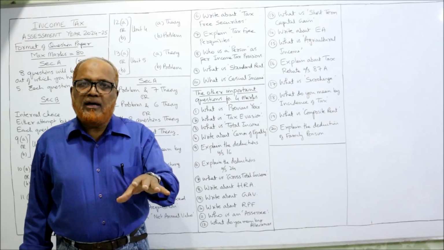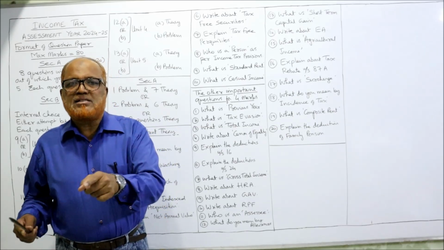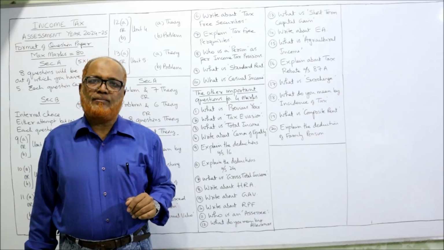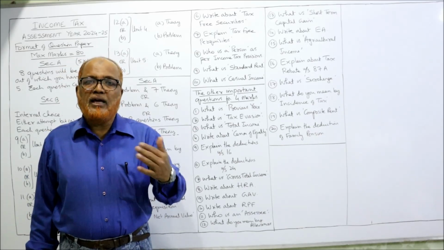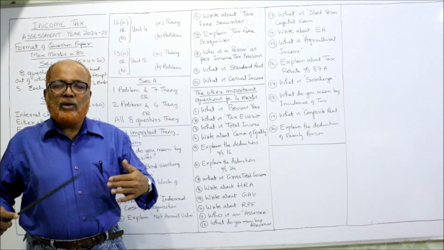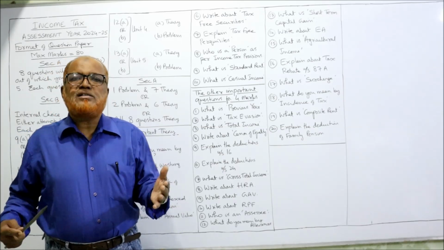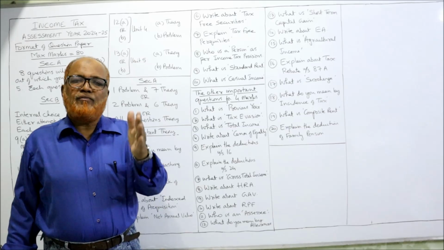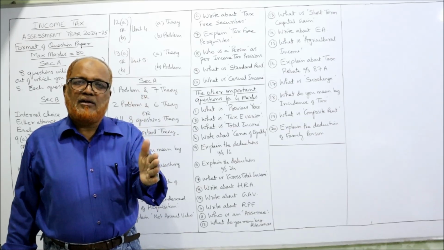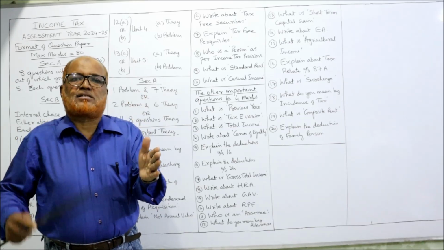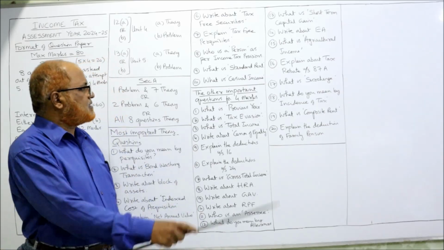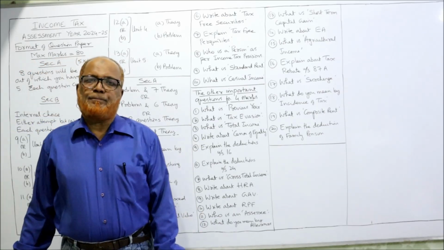The income earned during the previous year is taxable in the assessment year. That's why it is called income year. If a business is newly started, then previous year will be from the date the business started to 31st March next. That is previous year.